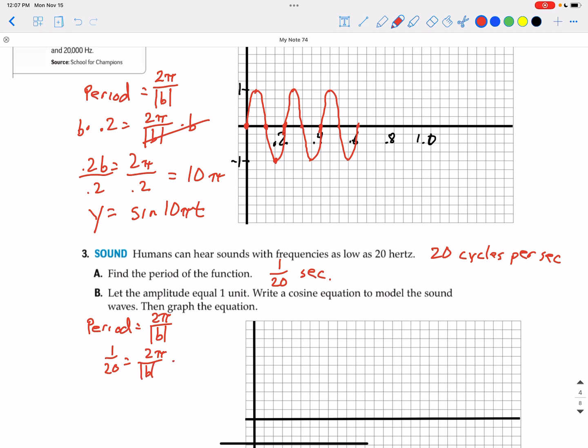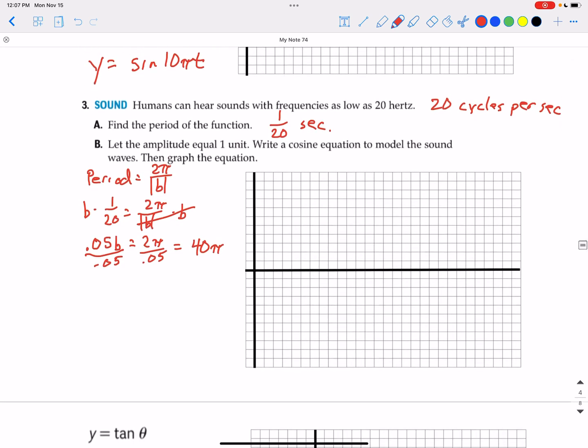So just like we did above, we'll multiply both sides times b. So that gives us b times 1/20th. Let's go and change that to a decimal. That's 0.05. So 0.05 b equals 2 pi, and dividing by 0.05, that means we're going to come up with 40 pi as our b value.